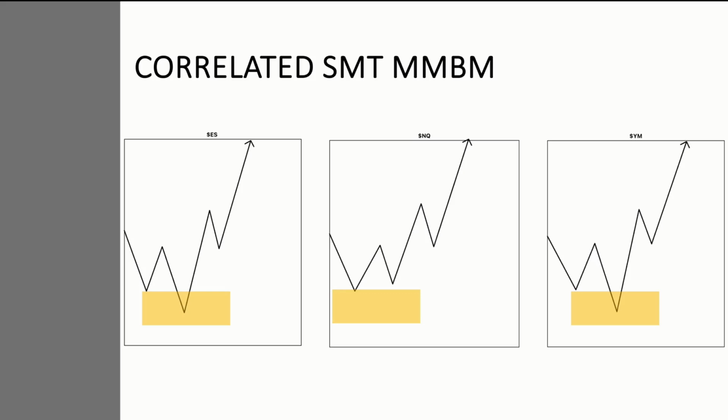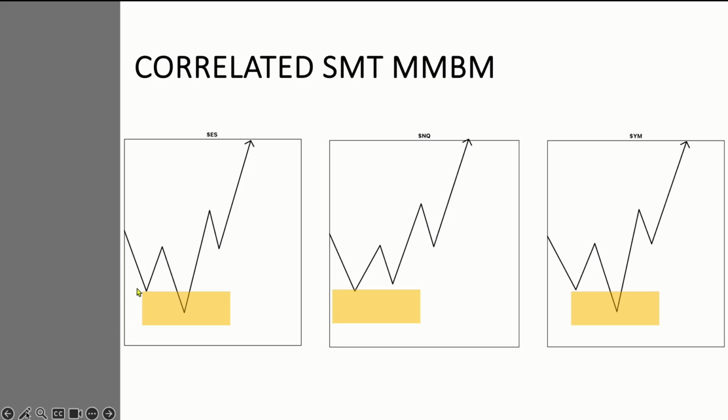If we are taking a look at the following schematics, where we can see the ES, Nasdaq, and Dow Jones chart, and we take a close look at what is occurring at the lows within a market maker buy model, we can see that ES makes lower lows, Nasdaq makes higher lows, and the Dow Jones makes lower lows, all whilst trading into the yellow box, which is our smart money reversal within that market maker buy model schematic.